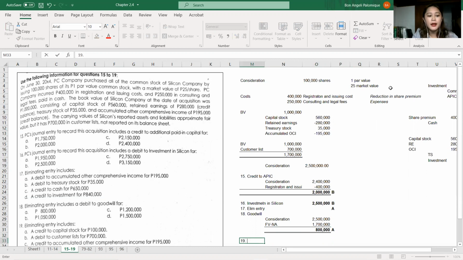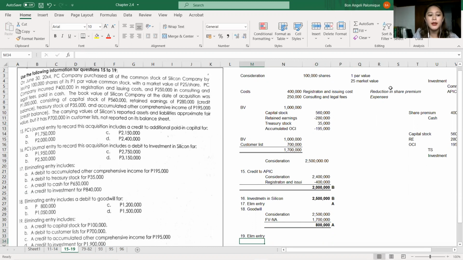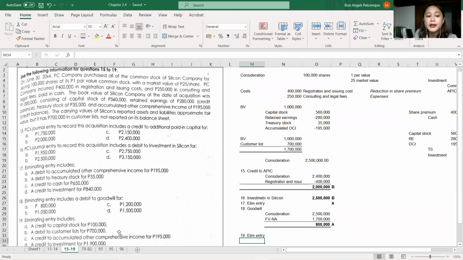19. Elim entry ulit. So, paano daw yung elim entry? Magkakaroon ba tayo ng credit to capital stock? So, tignan mo yung capital stock. Ang capital stock, normal balance is credit talaga, di ba? So, kapag reverse mo to for elim entry purposes, debit. So, mali yung A. B, a debit to customer list for 700,000.